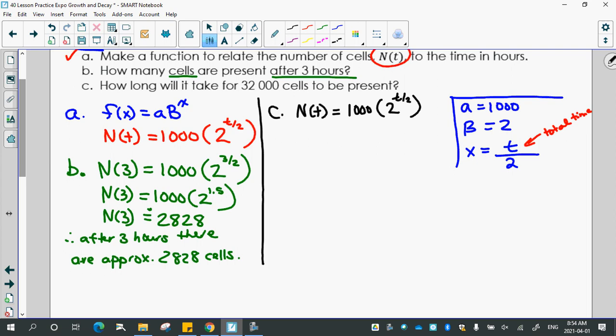And the question is, how long will it take for 32,000 cells to be present? So are they giving me a t or a number at t? Number, so I'm replacing n at t with 32,000.